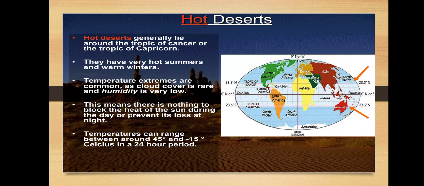Temperature extremes are common as cloud cover is rare and humidity is very low. This means there is nothing to block the heat of the sun during the day or prevent its loss at night. Temperatures can range between around 45 degrees and negative 15 degrees Celsius over 24 hours.